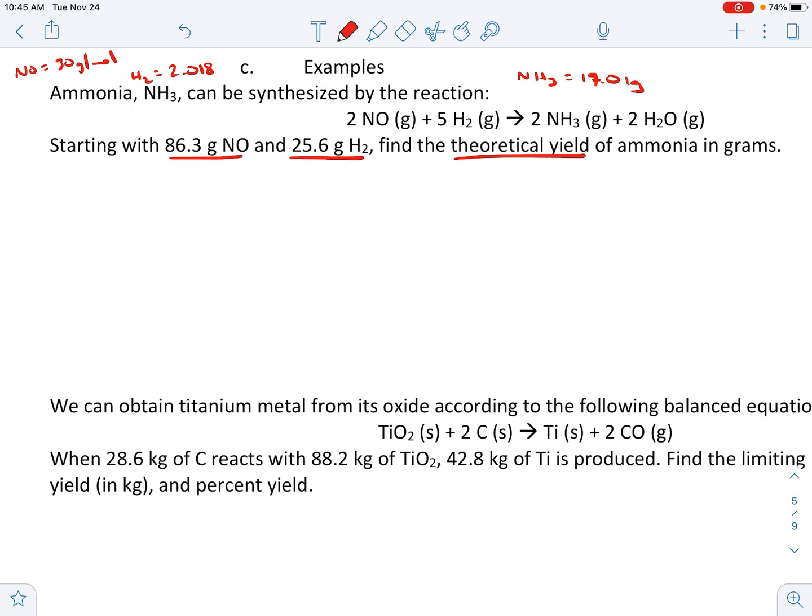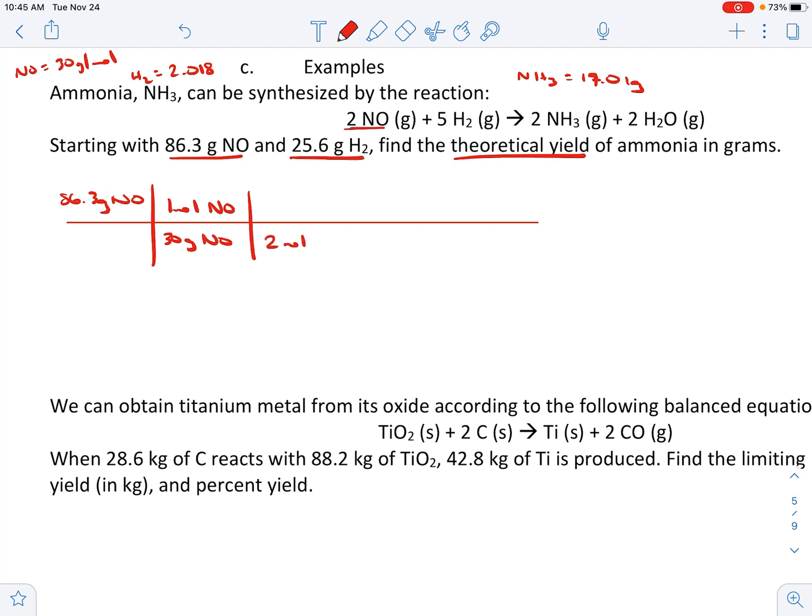Okay, so let's start here by finding our limiting reactant first. So we're going to take 86.3 grams of NO. We've got our balanced equation. So our next step is to figure out moles, and we do that by dividing by our molar mass. So we've got 30 grams of NO, and we've got 1 mole of NO. All right, now we look to our balanced chemical equation. For every 2 moles of NO, I need 5 moles of H2.